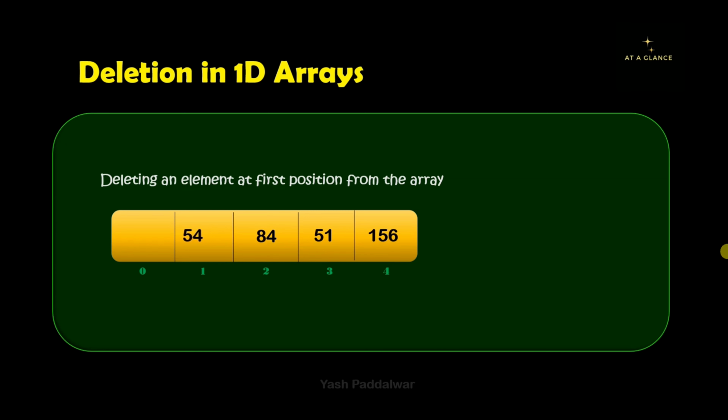Now you can see that the position 1 is empty, so let's shift the element at position 2 to position 1. Similarly, shift the element at position 3 to position 2, and similarly the element at position 4 to position 3. So now you can see that we have successfully deleted the element which is located at the first position.